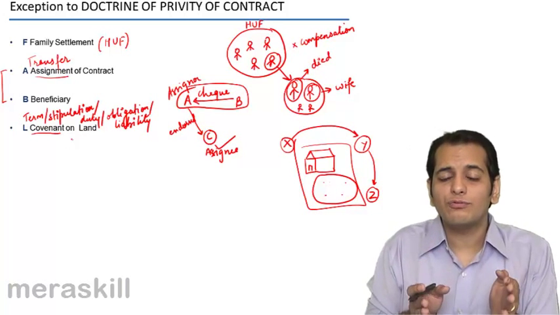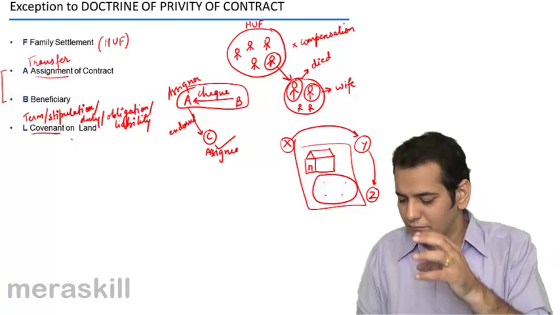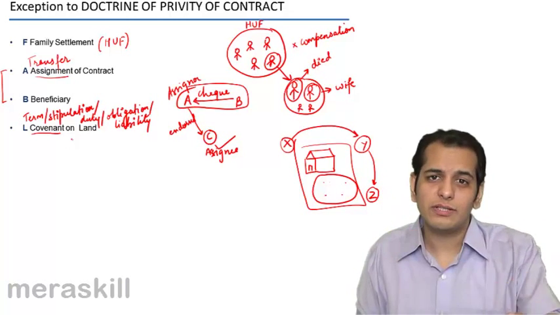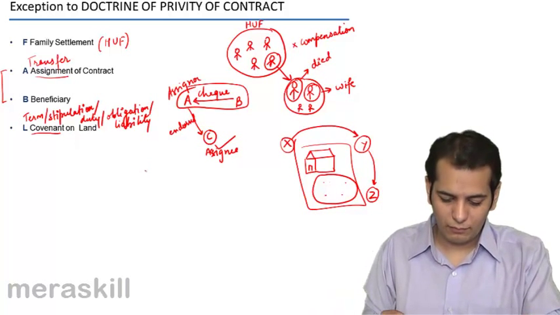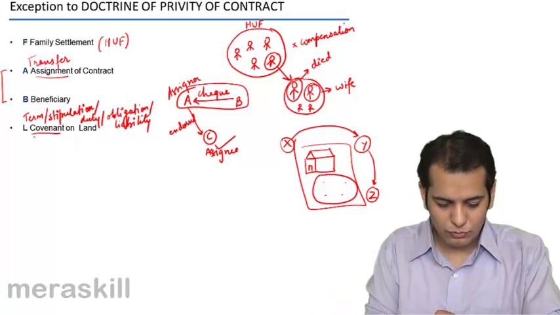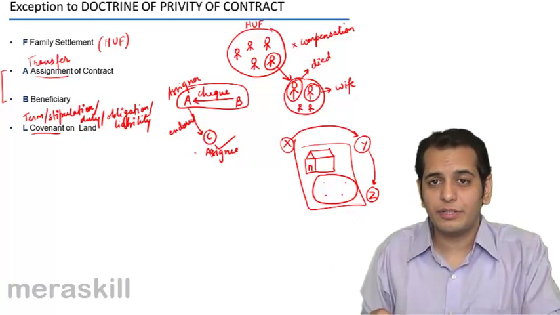And if they are not followed, any of the previous owners can enforce them on the future owners. So, this point is an exception to the doctrine of privity of contract.